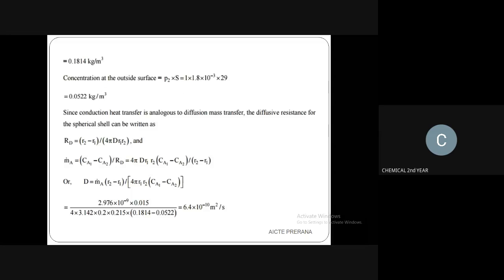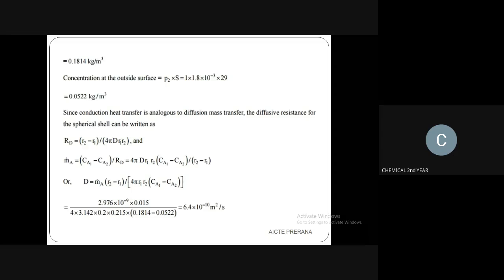Now the outer surface. That means you have to find the concentration at the outer surface. The outer surface concentration is P2 into S. P2 is the pressure outside, which is considered as 1 bar, and S is the solubility, given as 1.8 into 10 to the power minus 3, into the molecular weight of air, which is 29.